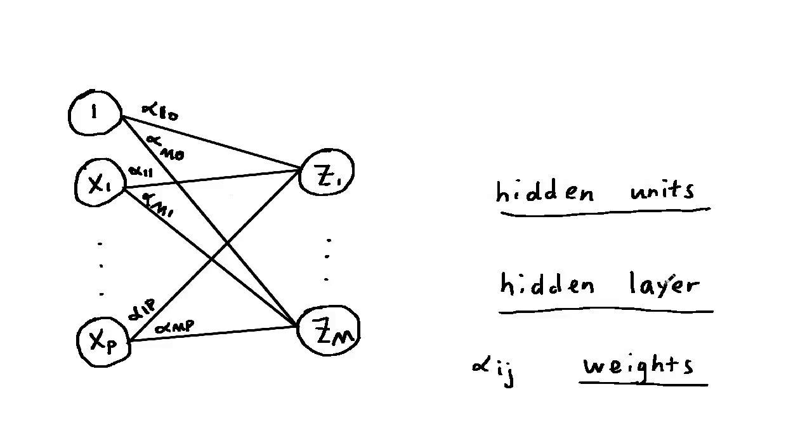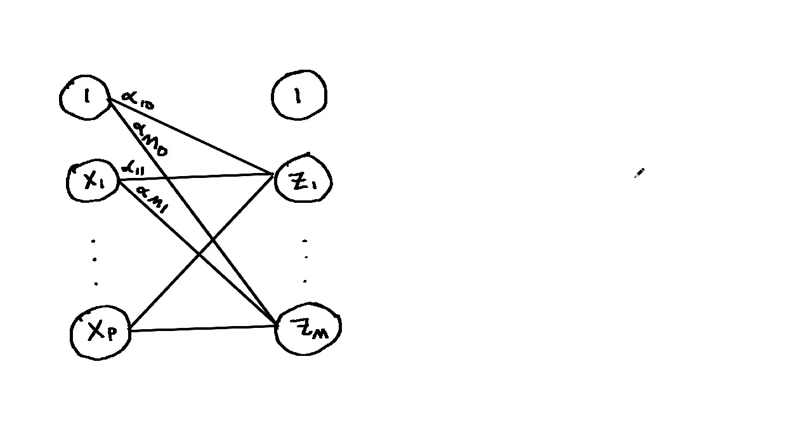Again, we include one additional hidden unit consisting of the constant 1. We could continue this process of creating more and more hidden layers, but we won't for now.